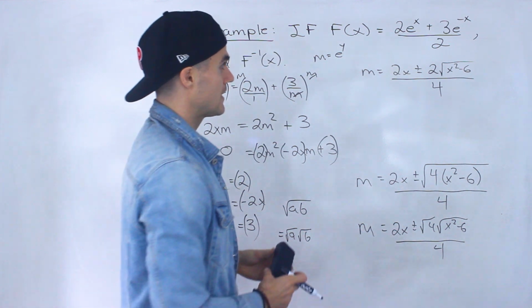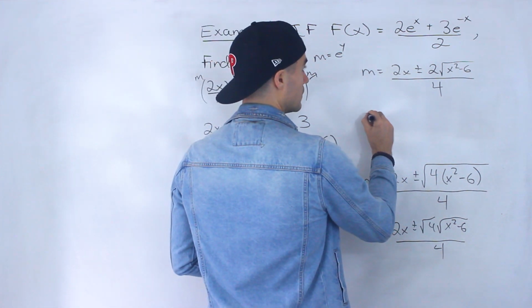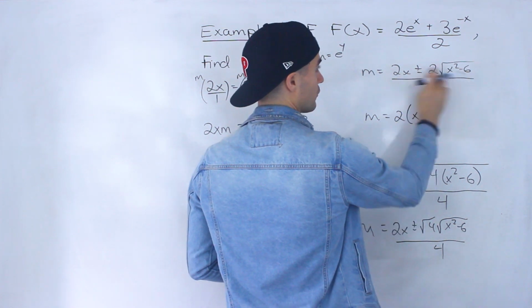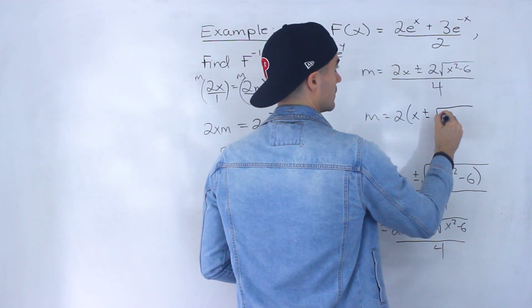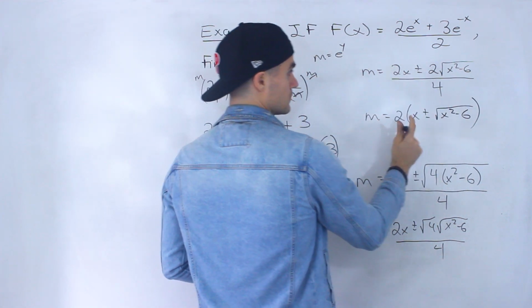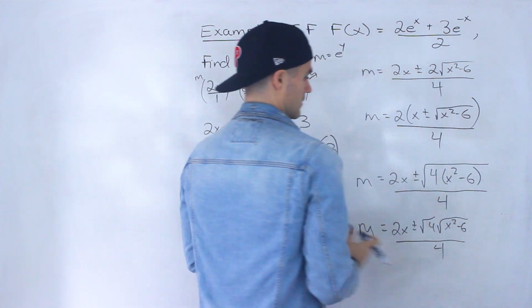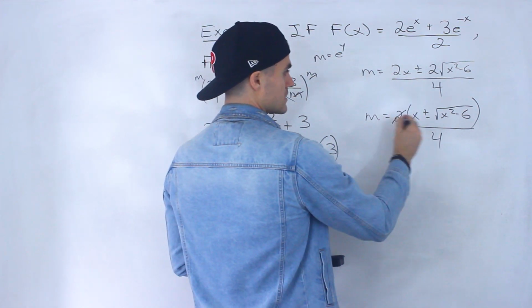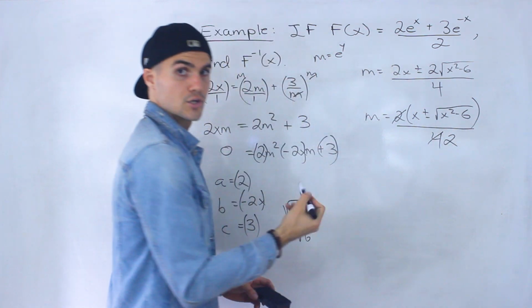Right? So now what we can do is factor out a 2 from both of these expressions. Okay, took out a 2, took out a 2. This is all over 4. And now notice this 2 goes into this 4 twice.